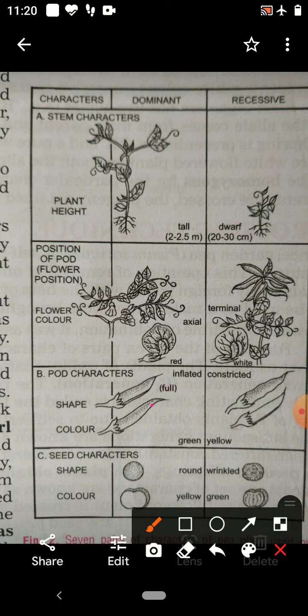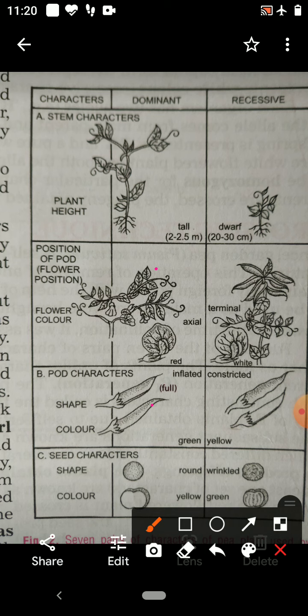Now second step is hybridization of pure plants. The pea plant is a self-pollinating plant. But Mendel took great care to avoid the chances of self-pollination.